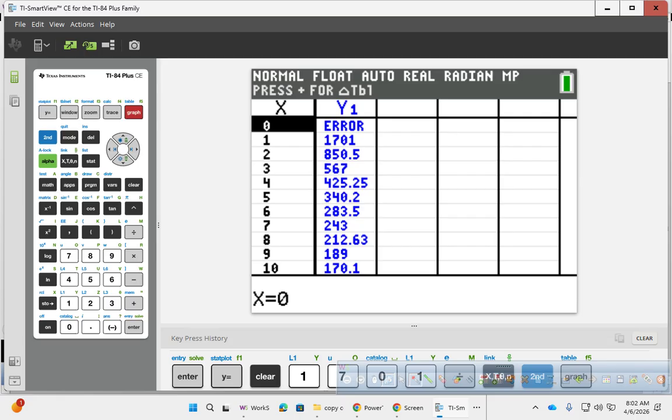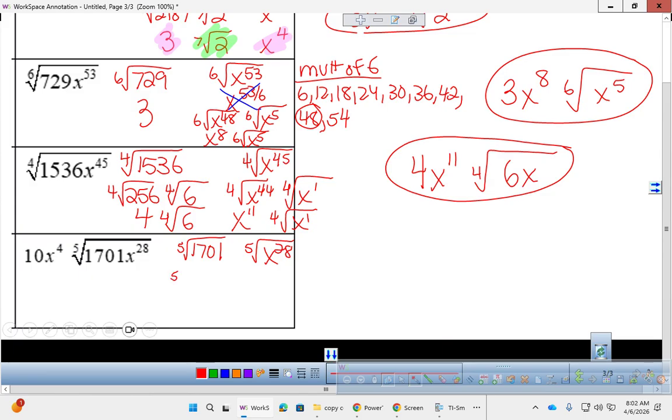So 243, and next to the 243 is a 7. And the 5th root of 243 is 3. So that takes care of the 1701.